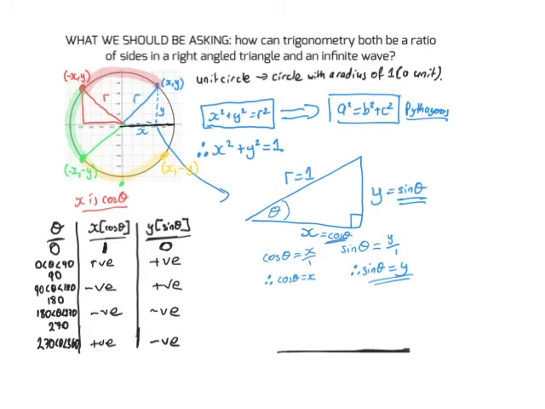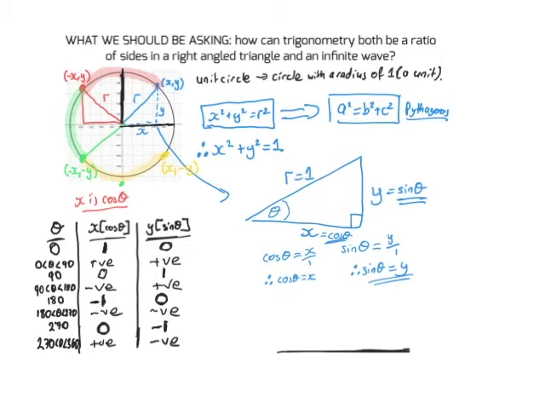At 90, I have a vertical line, which means there is no x component, which is 0, and y will therefore be 1. Get to 180, it is a horizontal line, but in the other direction, so I get a -1 for my coordinate, and again 0 for sine value, and then at 270, it is 0 on the horizontal and -1 on the vertical, your y coordinate or sine value.